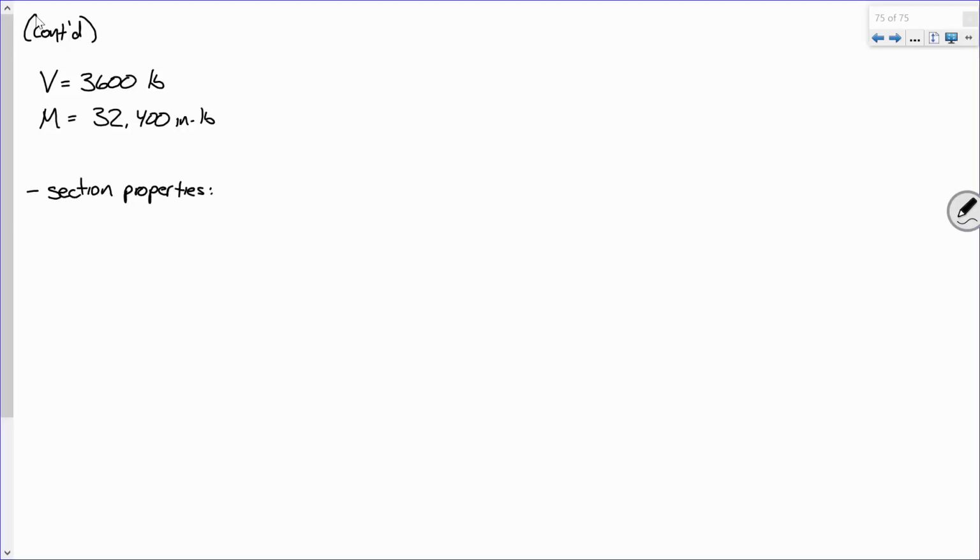All right. Help me out. What's the dimensions of this beam? Two by 6? All right. So what's I? There we go.